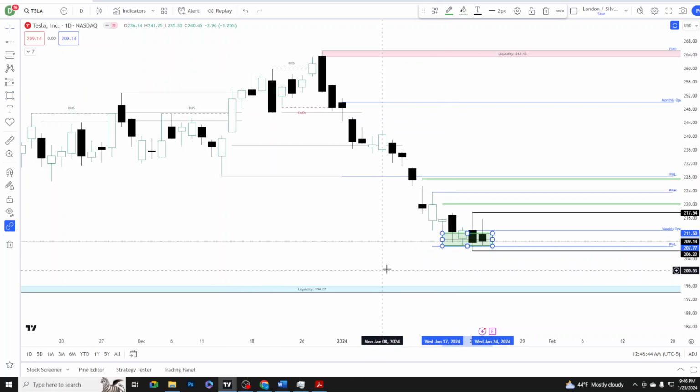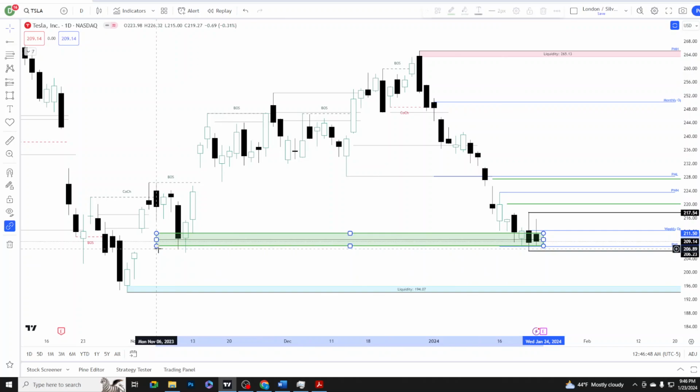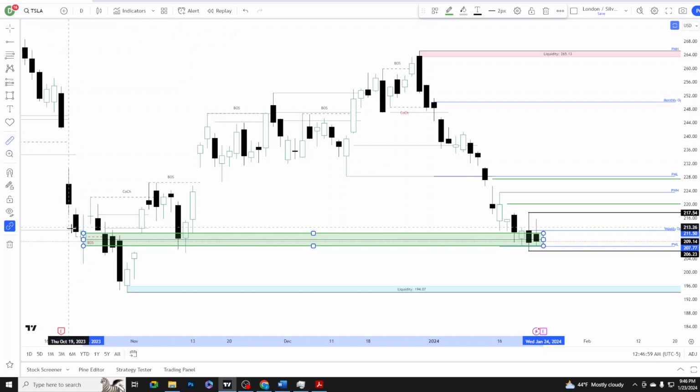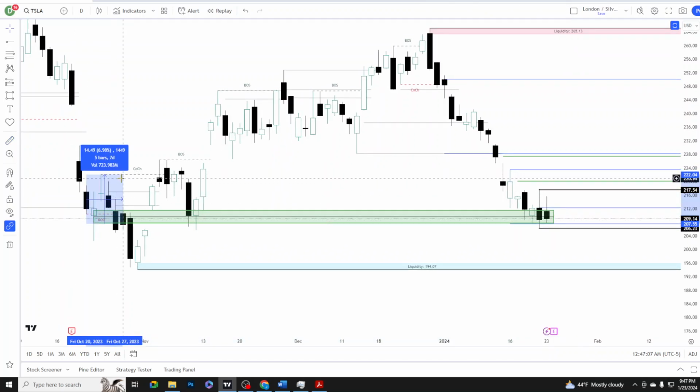That's order accumulation. If we go back, we can also see that we've found support in this same level back in October before we saw a nice rally. Off that October area, in the area we're talking about, we saw a 7% rally.